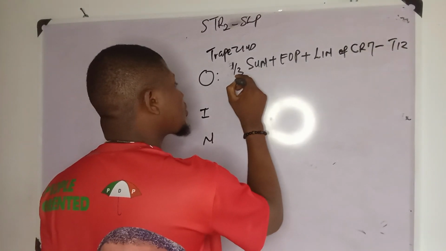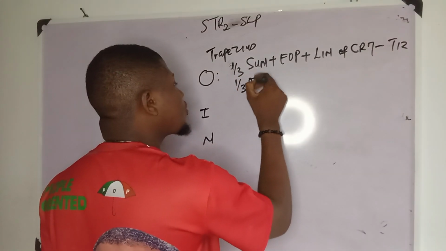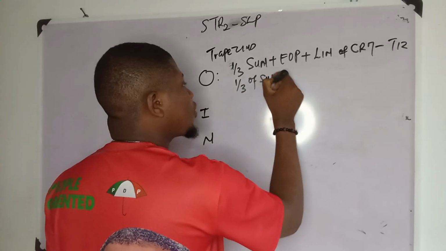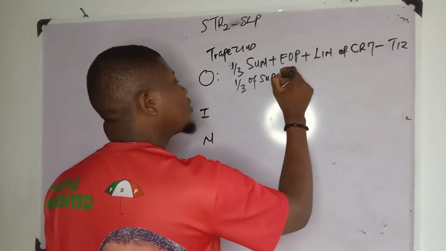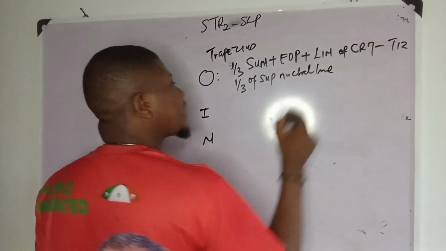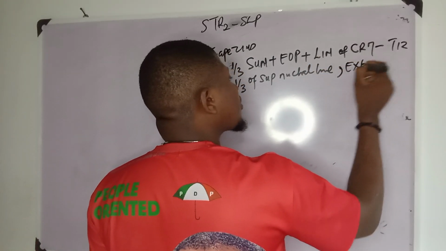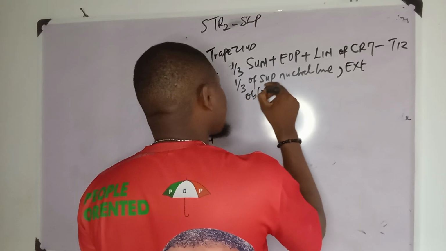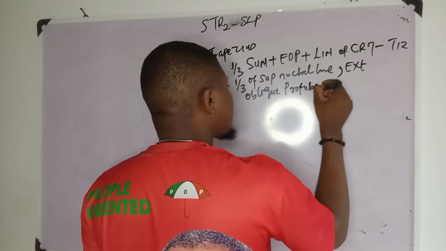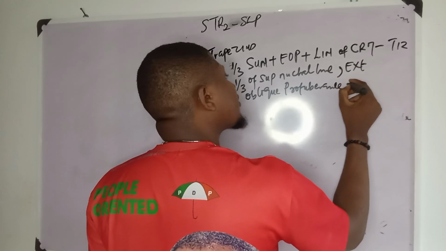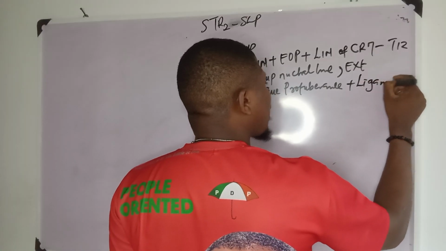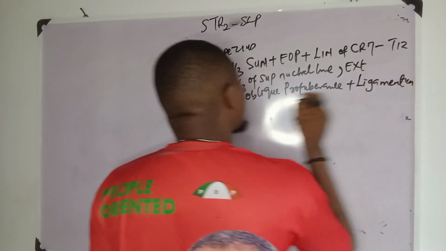So what do I mean by one third SON? That is one third of the superior nuchal line. SON means superior nuchal line. Then EOP means external oblique protuberance. Then line means ligamentum nuchae.